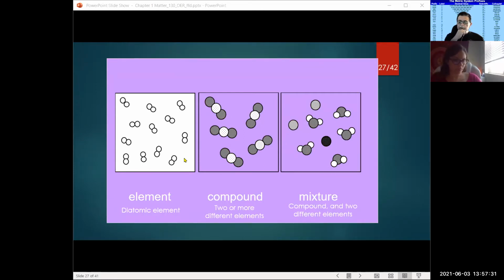And then we have a mixture. In here we've got good old Mickey Mouse ears again. Okay, so we have a mixture of a compound and two different elements. Two different elements designated by, here's one and here's one. These two are the same in white cells, and then these are the compounds.